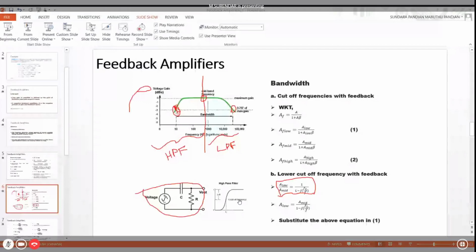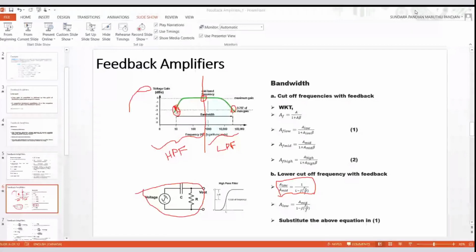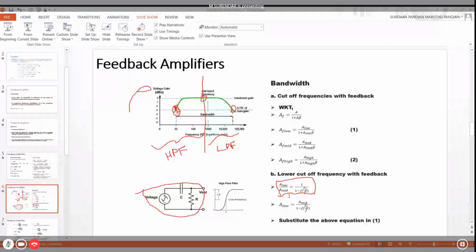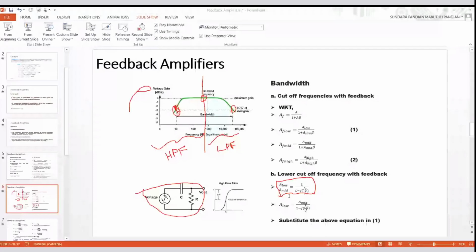Guys, I have boxed one equation. I am expecting your answer whether you know that equation or not, whether I have to explain it or not.